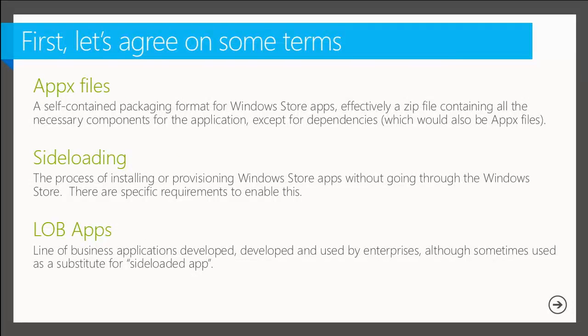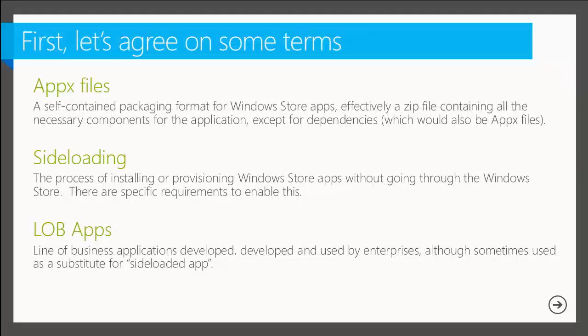When we start talking about deploying apps through other means, we need to get installation files for those applications. The installation file for a Windows Store app is an AppX file. It's called an AppX file because that's the extension on the file. If you look at the file names, they'll be whatever .appx.